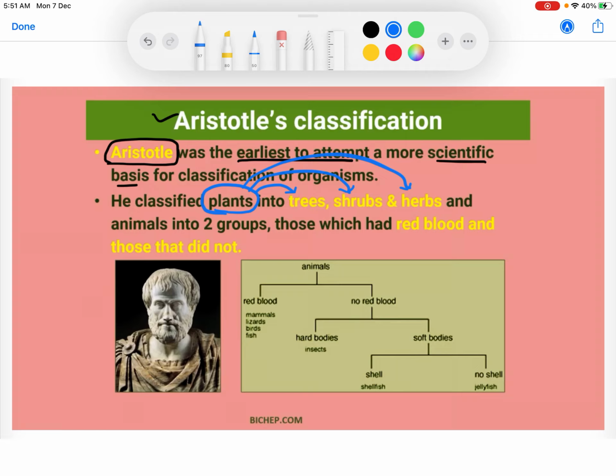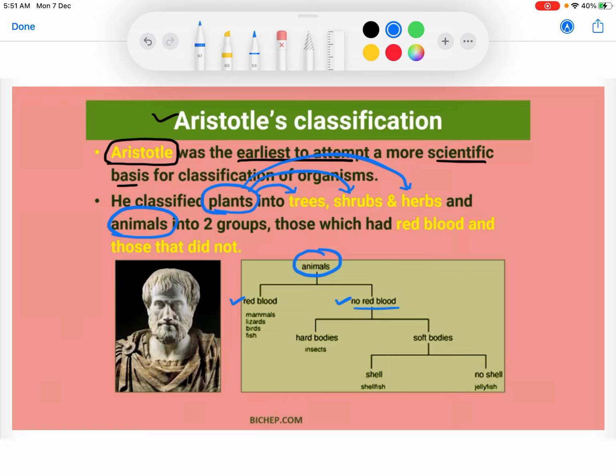And he classified animals into two groups, based on whether they have red blood or not. Here you can see in the chart, animals with red blood or without red blood.